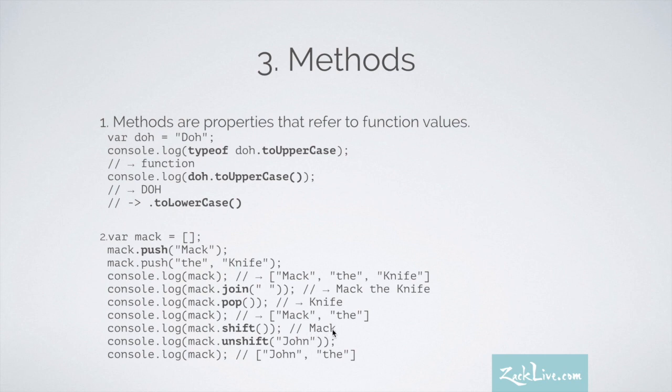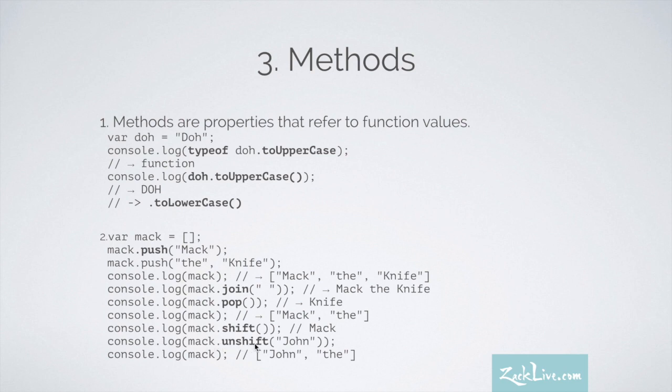So it gets the first element from the array and deletes the first element from the original array. So when we use shift on Mac, the, we will get Mac, and only the will be left in the original array.